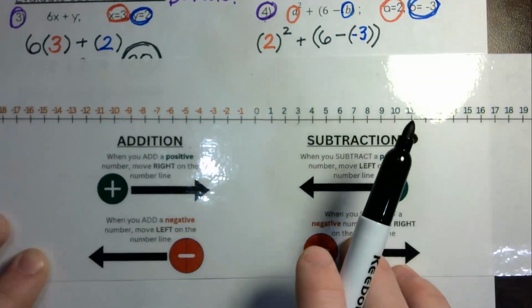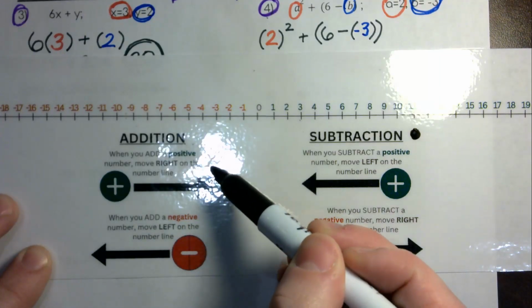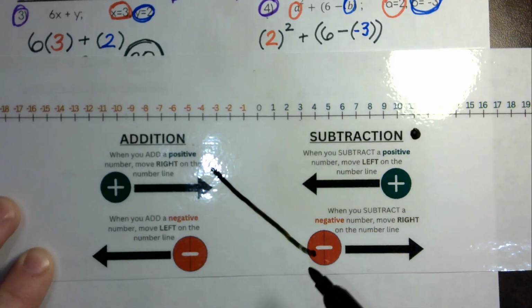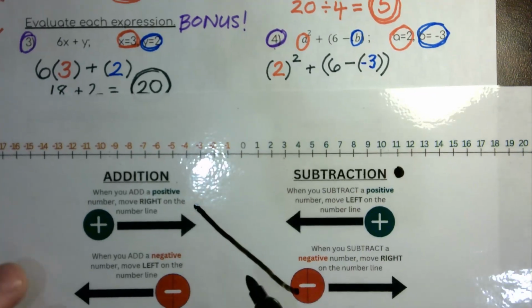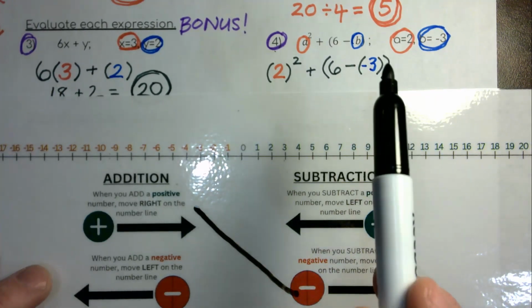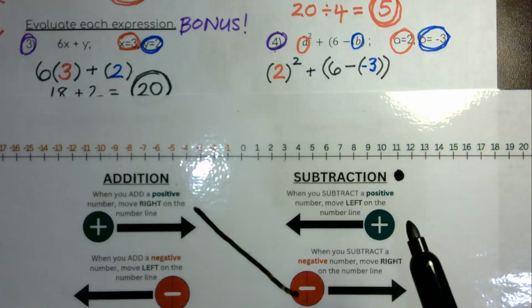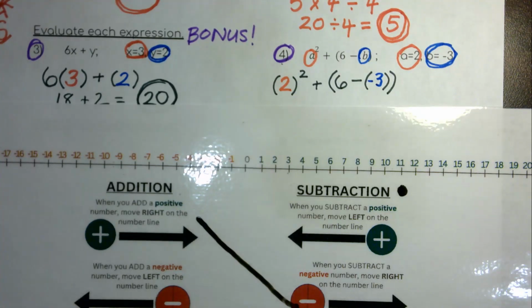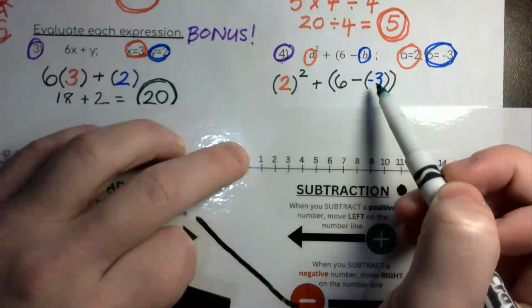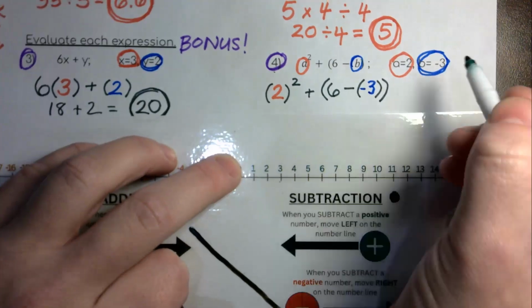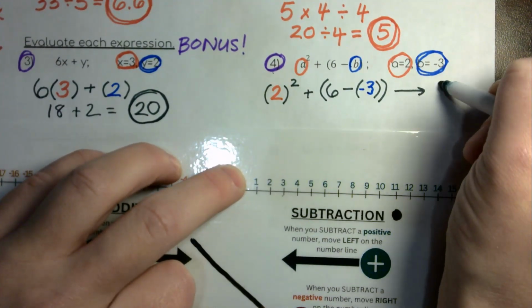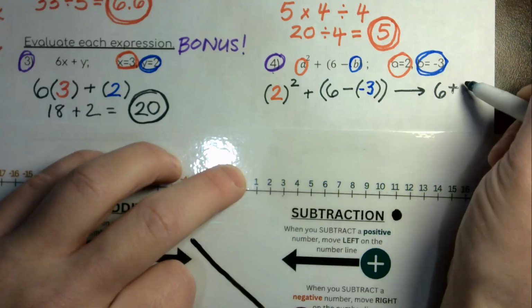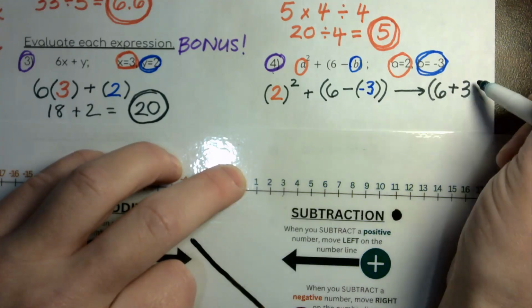If you notice, you also move right on the number line whenever you add a positive number. So we can know that subtracting a negative number is the same thing as adding. Whenever we have 2 negatives or 2 minuses that are right next to each other, they like to join each other and turn into a positive sign. So the question there is actually 6 plus 3.